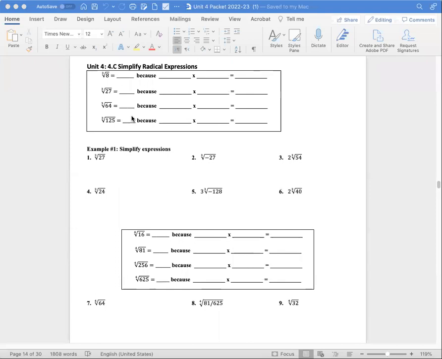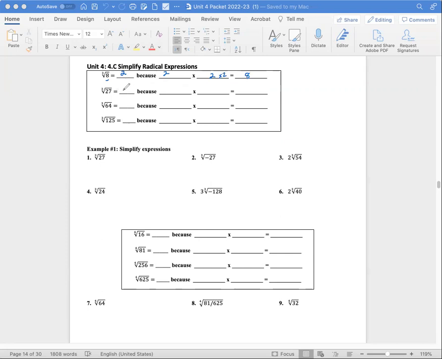So simplifying radicals. This is cube root. Cube root, very much like square root, but it's what number do you multiply by itself 3 times to get 8, right? The answer to that is 2. Why is that? Because 2 times 2 times 2 equals 8.